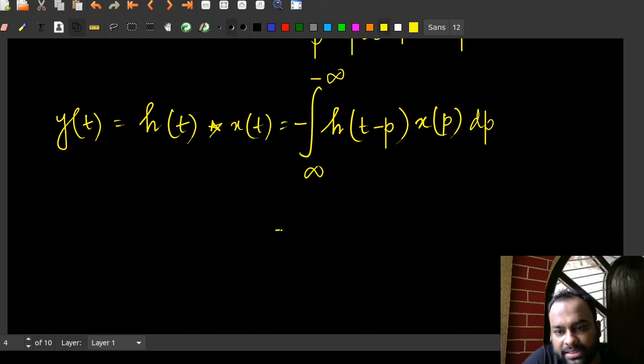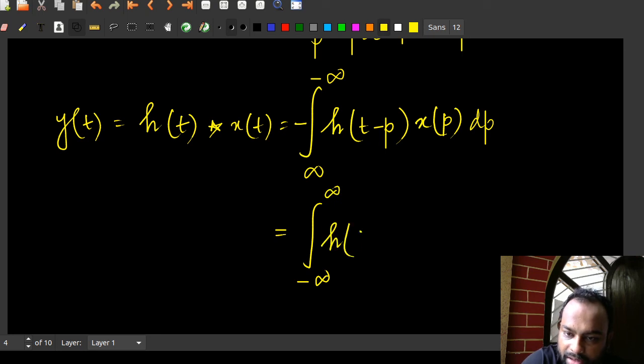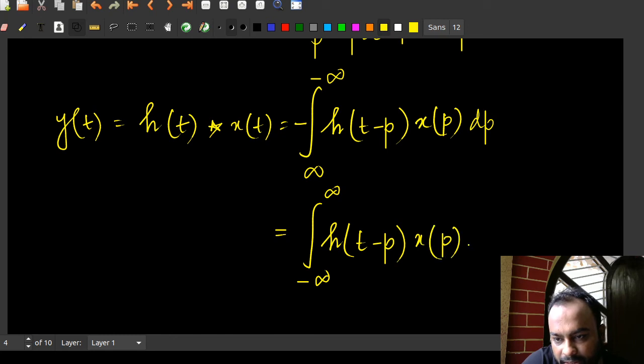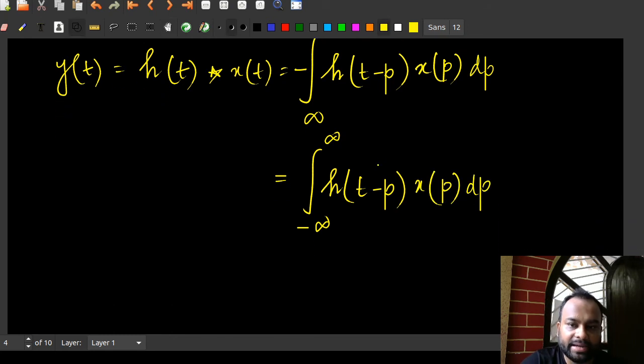And this minus sign can be taken care of by just reversing the limits. So I have h t minus p and xp dp. Try to understand that p, tau, all these things are nothing but dummy variables. You might as well put some cow, donkey, or whatever you want here.